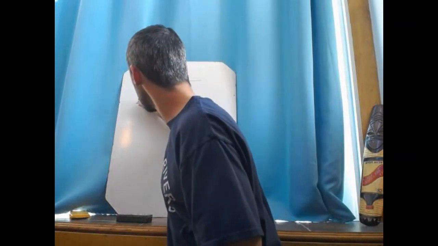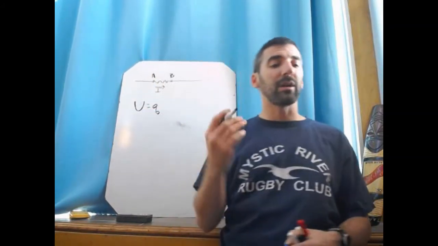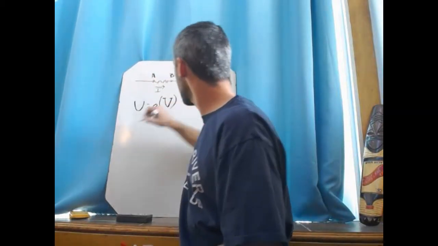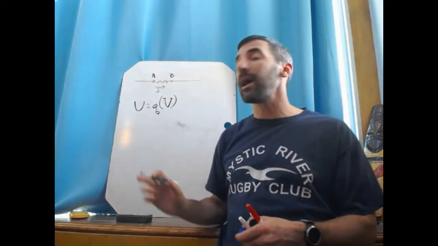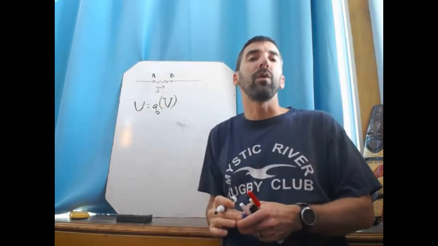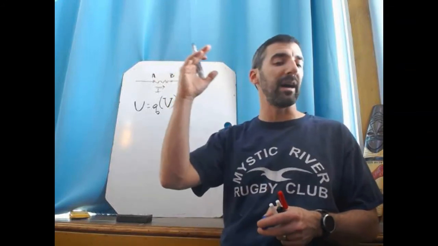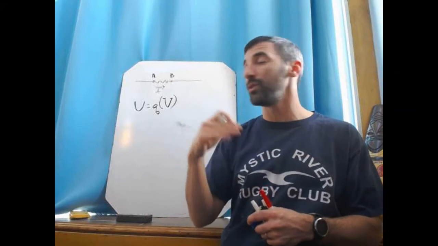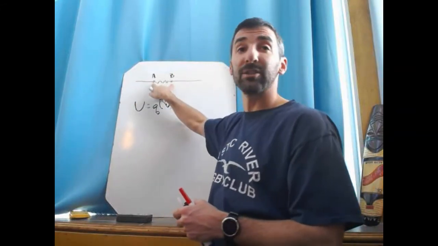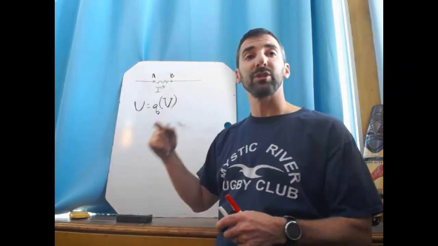Recall our potential energy. Potential energy is the charge, Q, times the electric potential, or V. Now, if I have current traveling from one side to the other side, we know current is going to go from a high potential to a low potential. A higher V value to a lower V value, which I can measure the potential difference, VA minus VB, to get that potential difference.